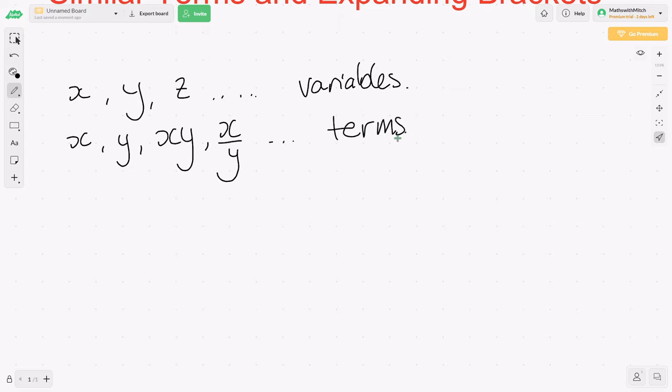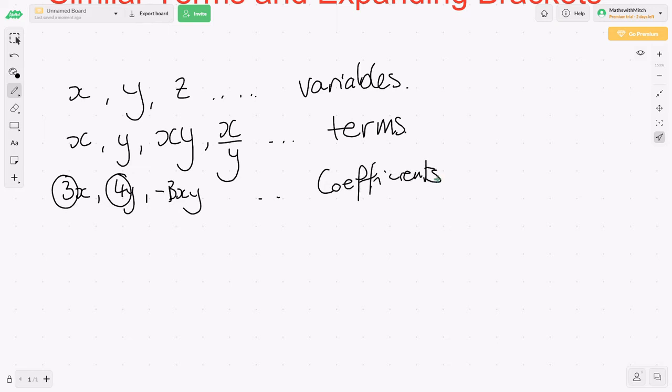So you're looking at different terms in an equation, and then any number on the front is a coefficient. So 3x, 4y, negative 3xy. The numbers are all coefficients. Okay, so that's the terminology I'm going to continue to use when we're talking about similar terms.